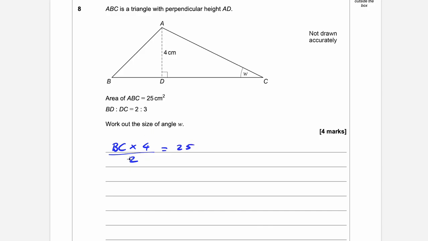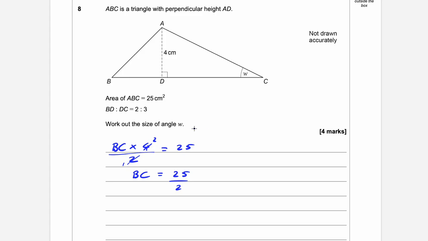So that means if you just divide here, guys, that goes in once and twice. BC is equal to 25 over 2. Okay, and then it is in the ratio of 2 to 3.